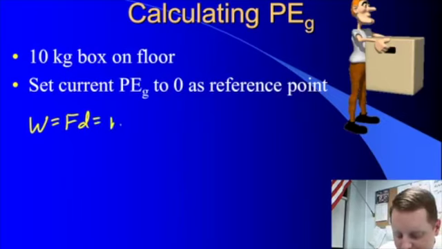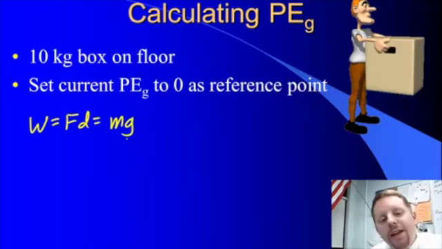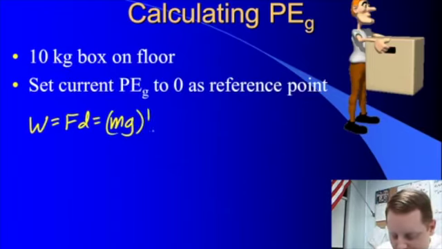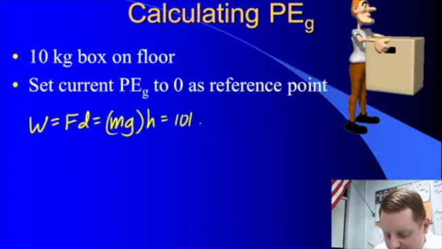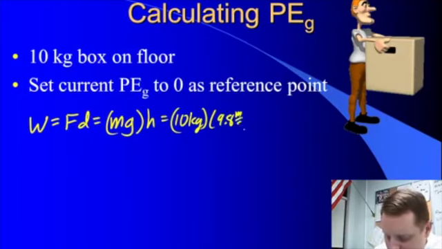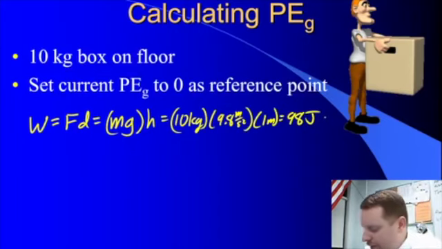So we can just use work equals force times displacement. The force we have to overcome is the weight of the box, its mass times the gravitational field strength, or acceleration due to gravity, times the height we lift it to, its change in height, or 10 kilograms times 9.8 meters per second squared times 1 meter, for a total of about 98 joules.